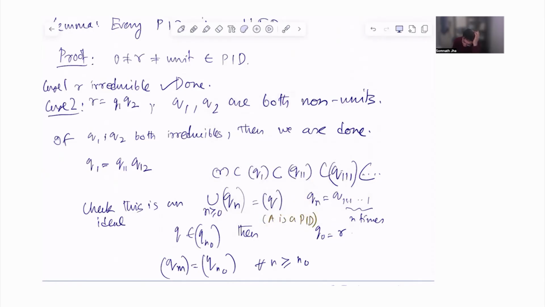So since A is a PID, we get this. And then Q belongs to the union, which means it belongs to one of the members, let's say (Qn0). The ideal generated by Q is bigger than this union. So that means the ideal generated by Q equals (Qn0), right?